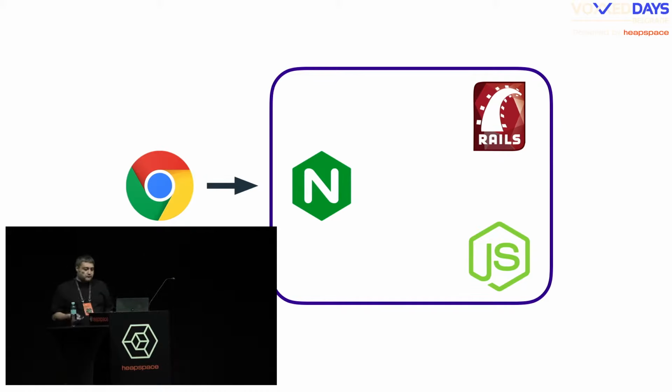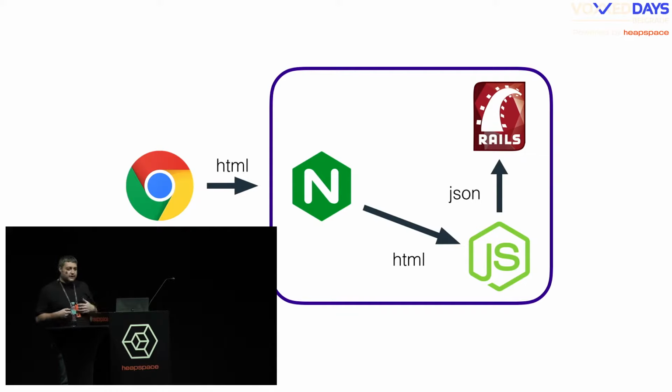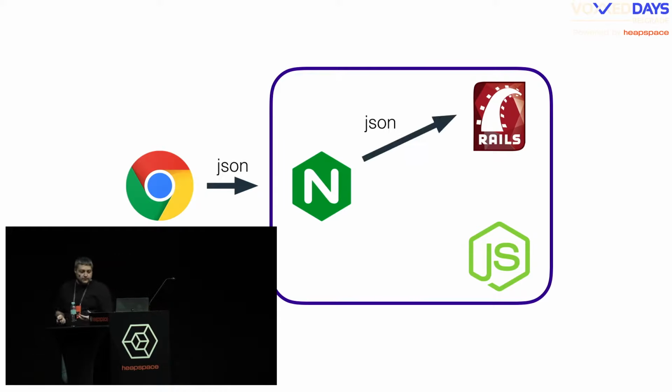The way it works is when a browser comes with a request, I want the full page, then Nginx proxies this request to the Node.js server-side rendering script, which in turn calls the Rails server with the GraphQL API. When the page is already loaded and people start clicking around, the Node.js proxies all calls to the GraphQL API to Rails itself.